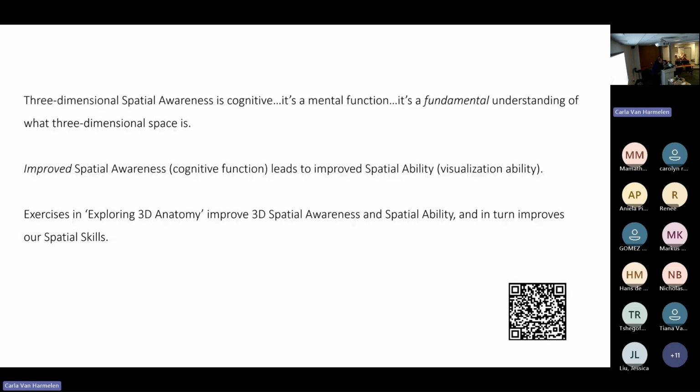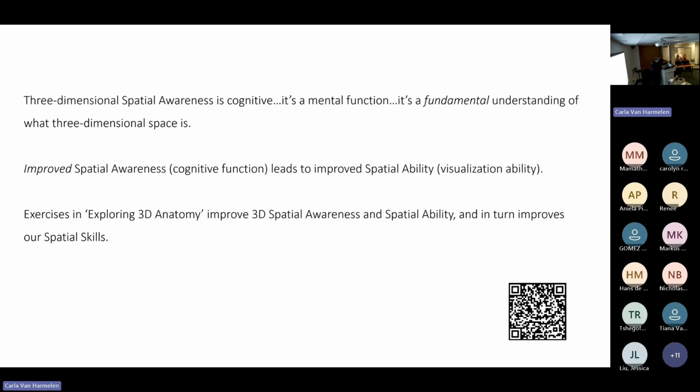So just to recap, three-dimensional spatial awareness is cognitive, it's a mental function. It's a fundamental understanding of what three-dimensional space is. As I say, we have it, but we want to improve it. That's the thing. And anatomy students, there's lots of literature that's been published, have a really hard time with understanding three dimensions. And I see lots of nodding.